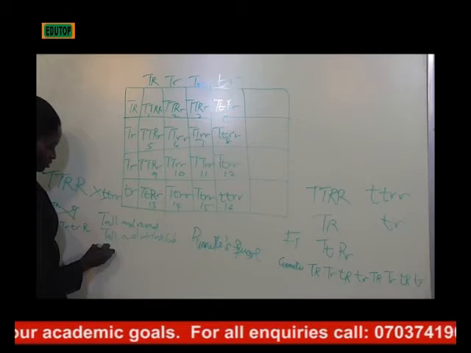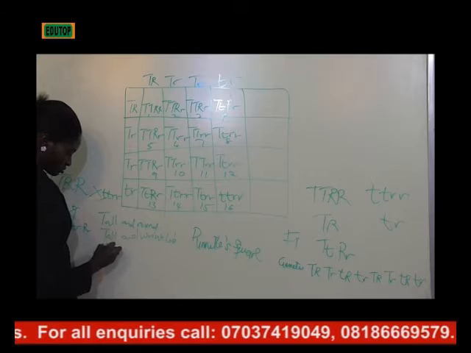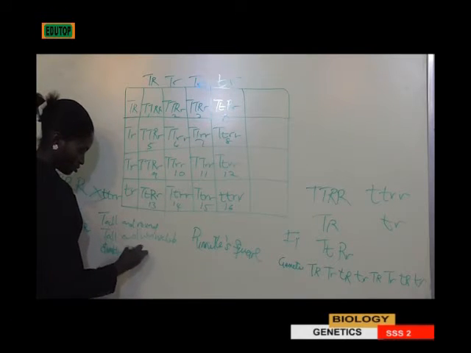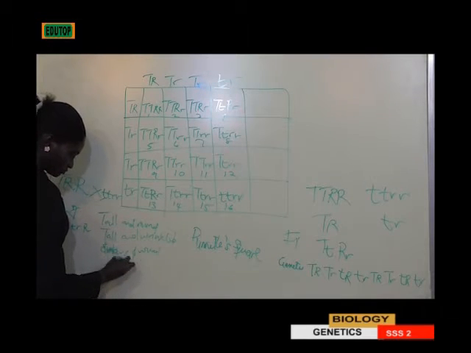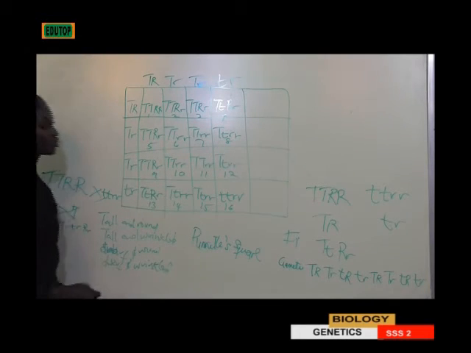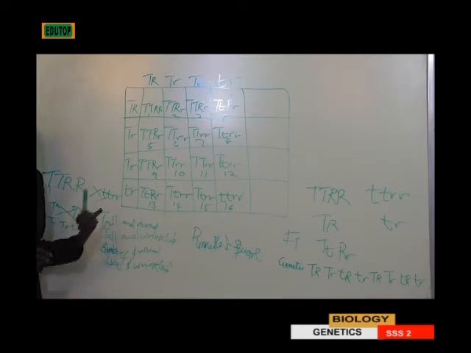Then we have dwarf and round, then dwarf and wrinkled. So we'll see it together, which ones are tall and which ones are dwarf.